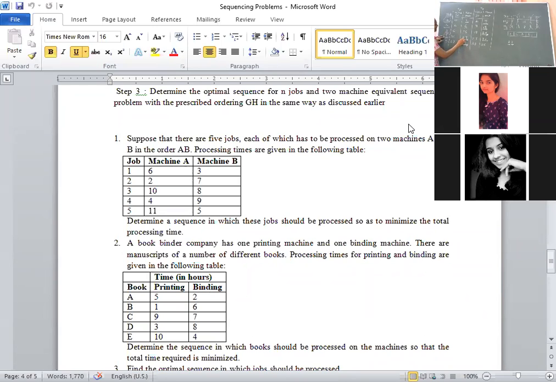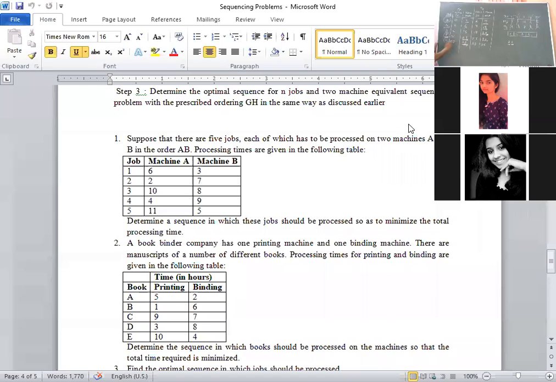After completion of this task on machine A, only then will it enter machine B. That means machine A is busy with the fifth job till the 27th hour. So 27 will come here. Then for machine B to perform the fifth task, how many hours? 5 hours are required. That is 32.